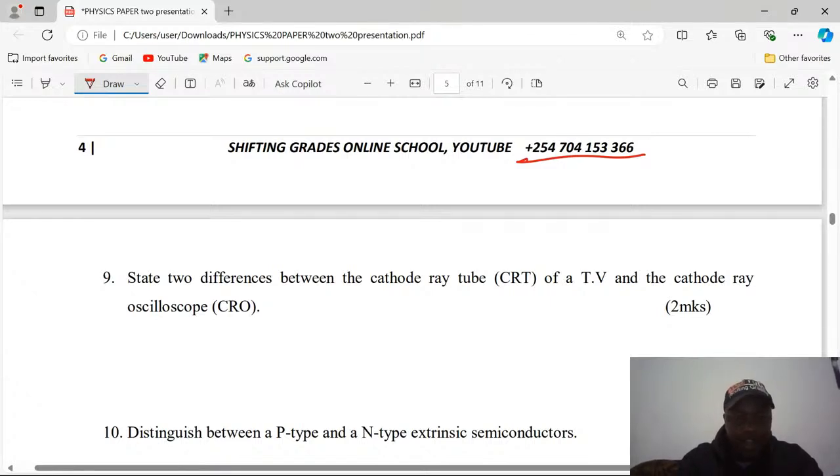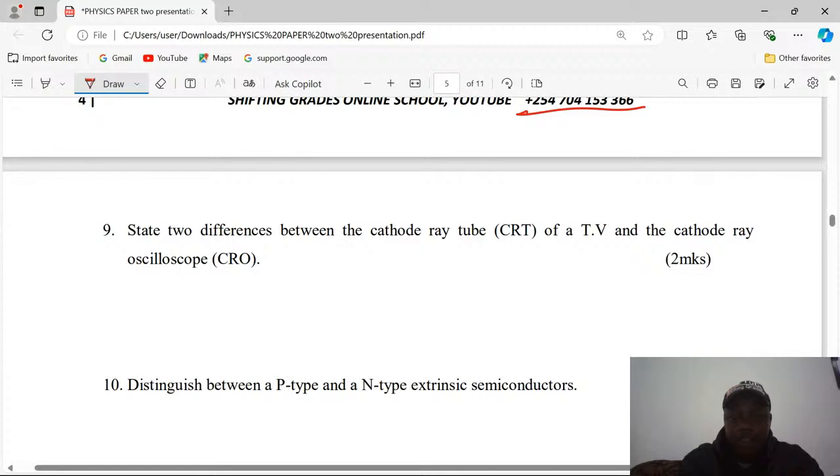State two differences between the cathode ray tube, that is the CRT of a TV, and the cathode ray oscilloscope.